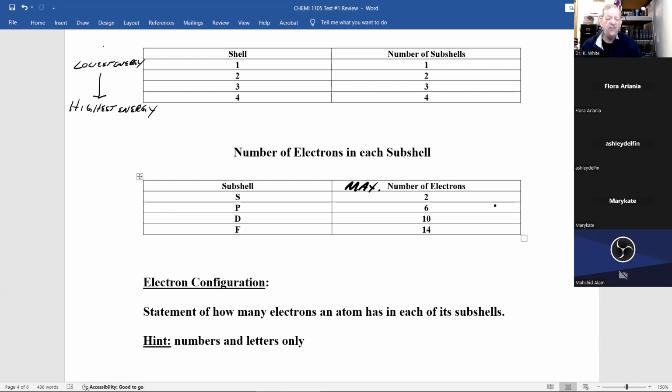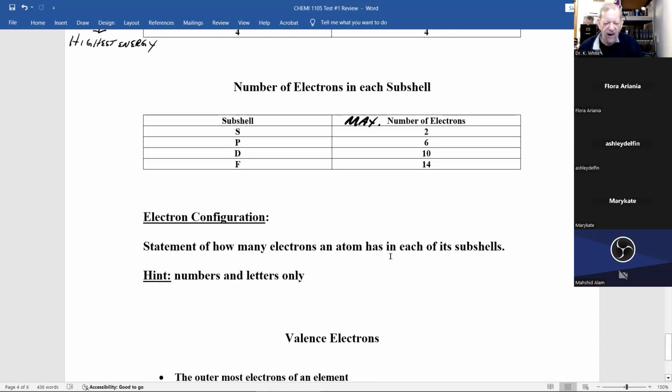In subshell s, you can only put 2 electrons, p 6, d 10, f 14.